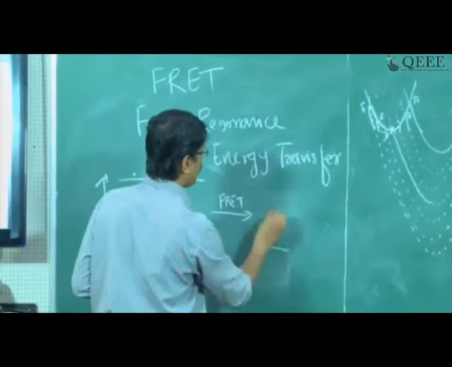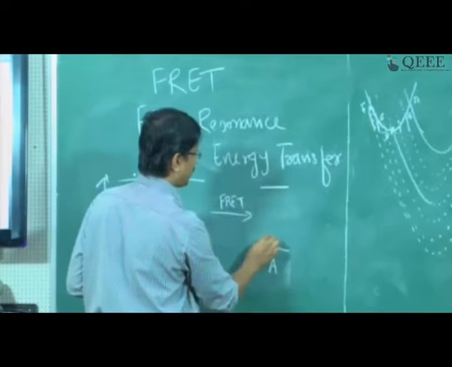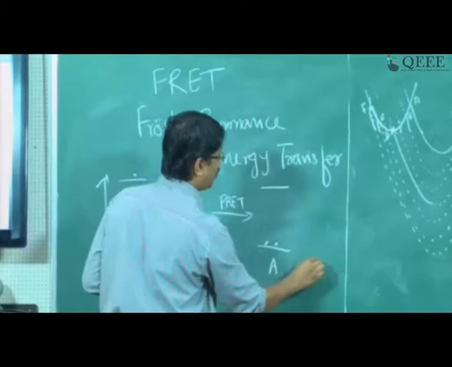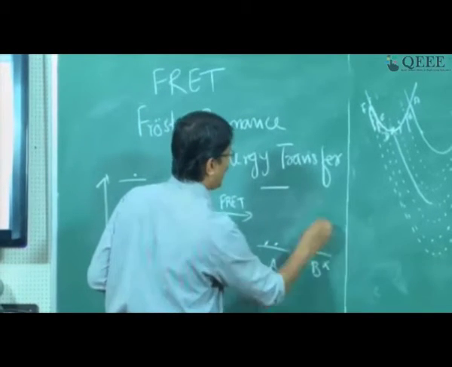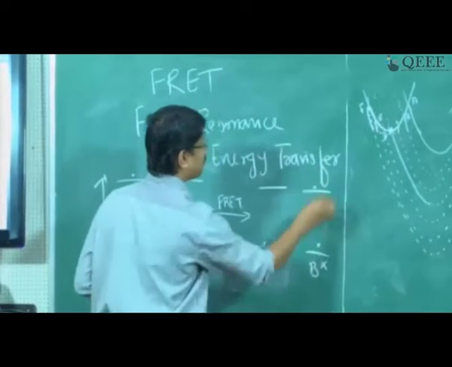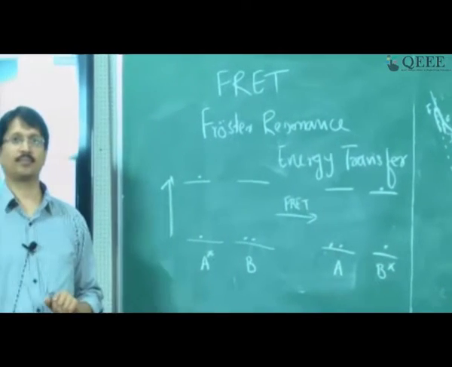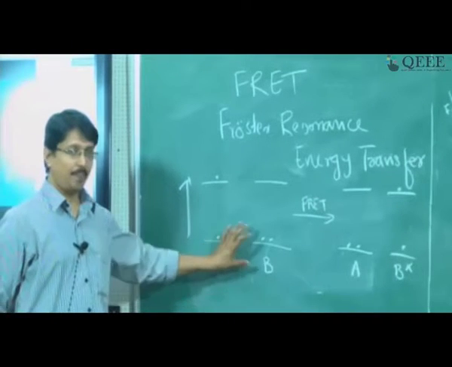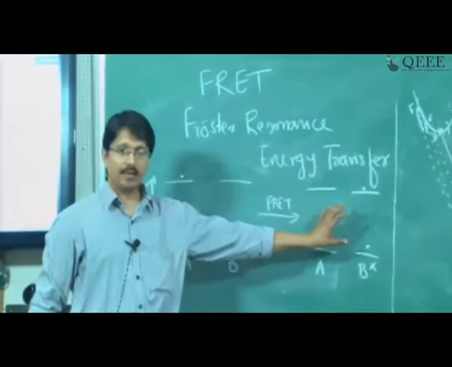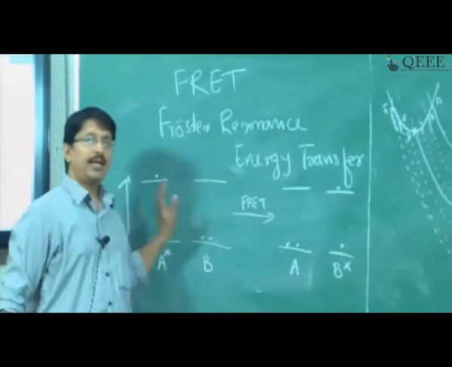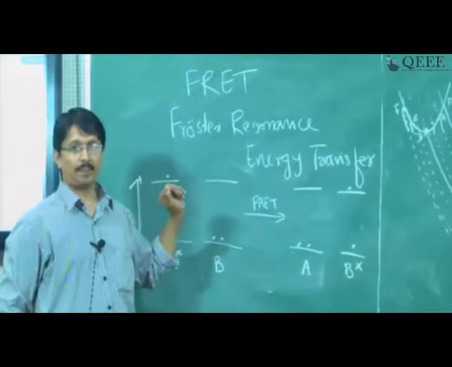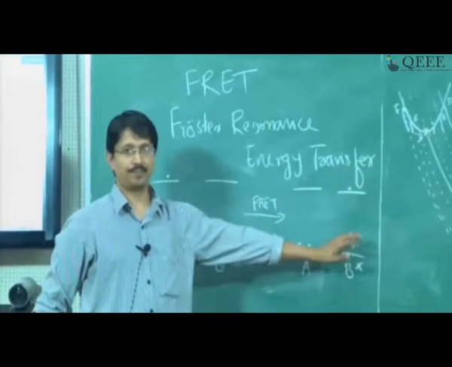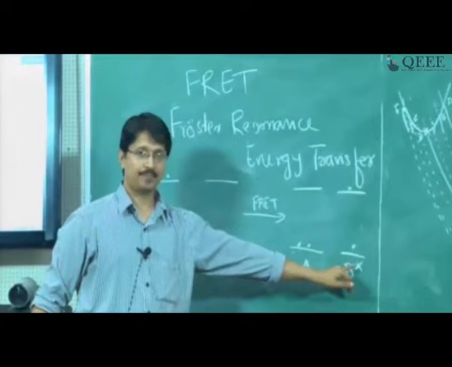After energy transfer, what you see is A in the ground state and B in the excited state. Initially you start with A in the excited state and B in the ground state. You end up in the reverse order because the energy of A is getting transferred to B. So B will be in the excited state now. That is why we said B star.